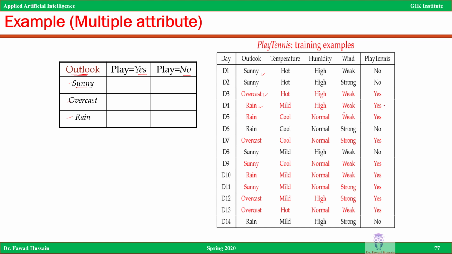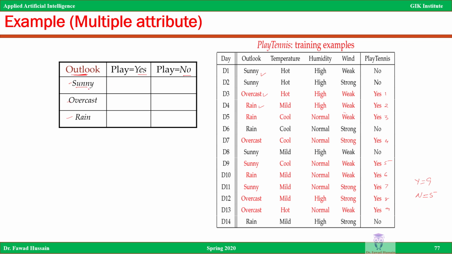For the sake of simplicity, all the yes rows are coded as red. All we have to do is count them: 1, 2, 3, 4, 5, 6, 7, 8 and 9. So there are a total of 9 yes samples, and since the total is 14, the no's are 5. So yes is equal to 9 and no is equal to 5.